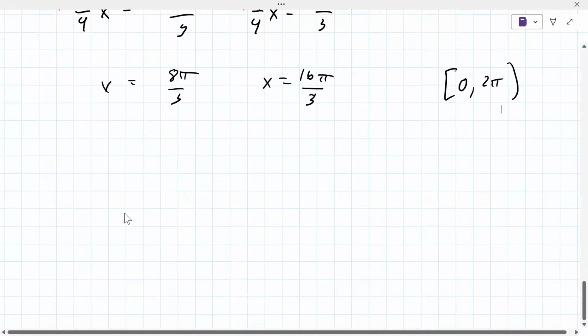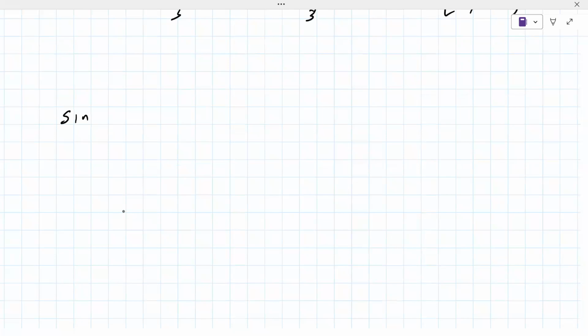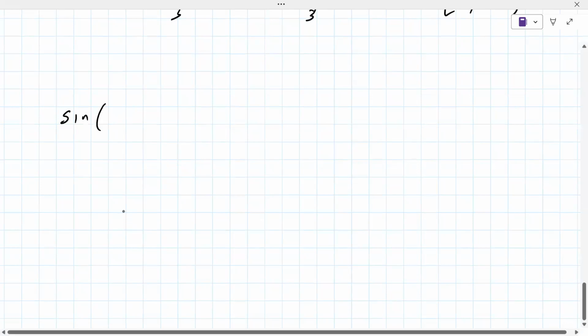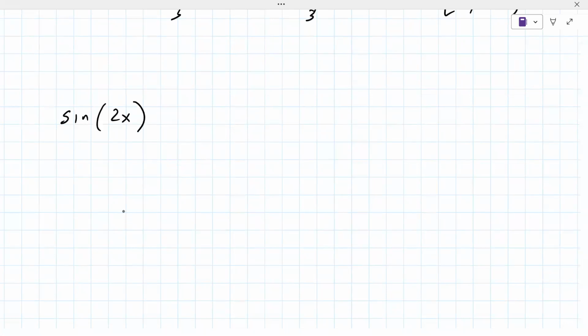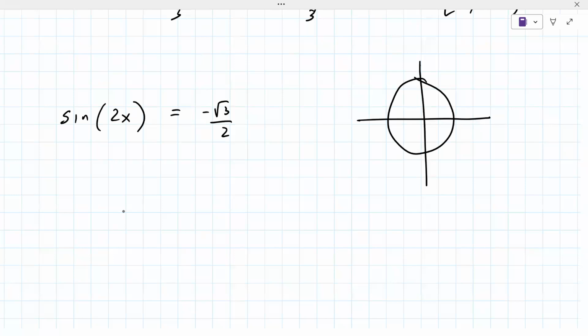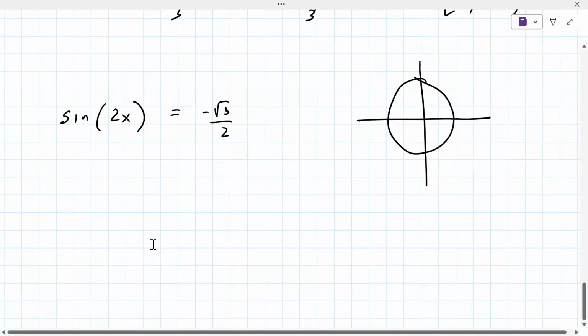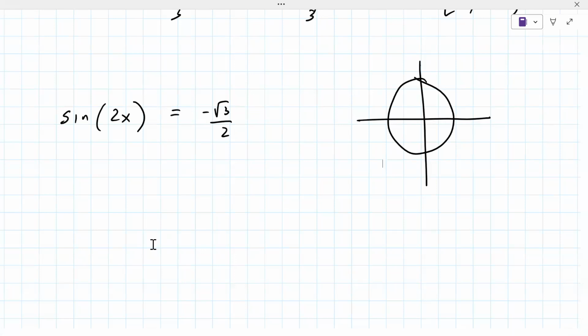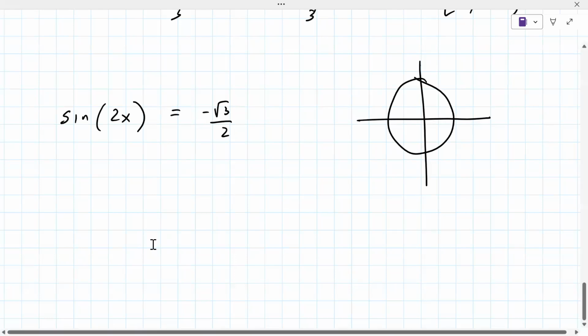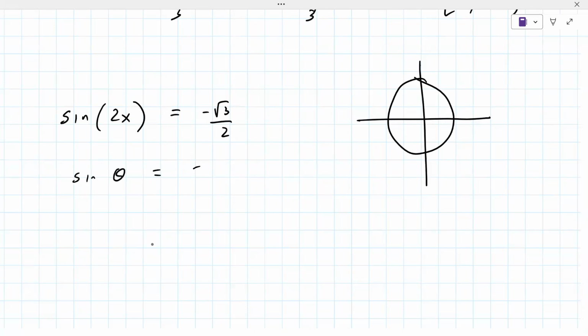Okay, so the other type of problem you'll see, let's say it's sine of 5x. That's probably too big. Let me make it 4x. Let's go 2x. Okay, sine of 2x equals negative root 3 over 2. So where on the unit circle is sine theta equal to negative root 3 over 2?